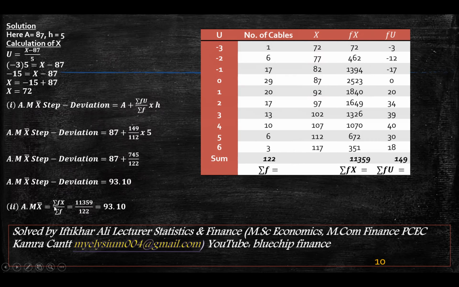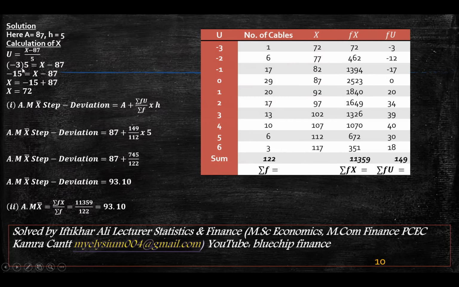And for the direct method we need x here, because the formula for the direct method is sum of fx over sum of f. So how can we calculate x? We just apply u equals x minus 87 divided by 5, which is given in the question.